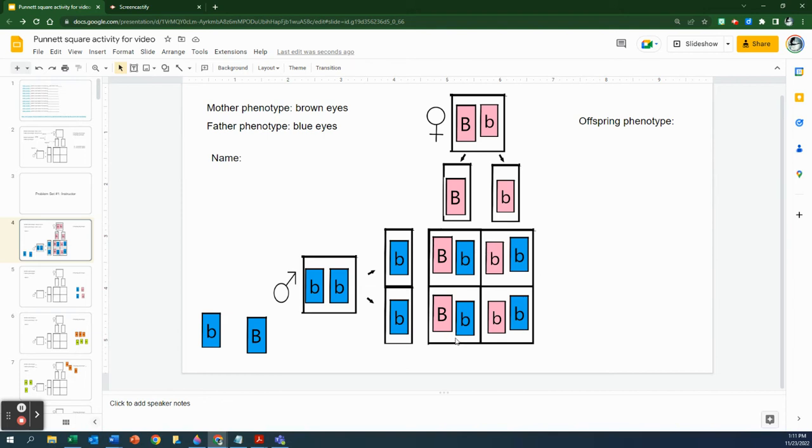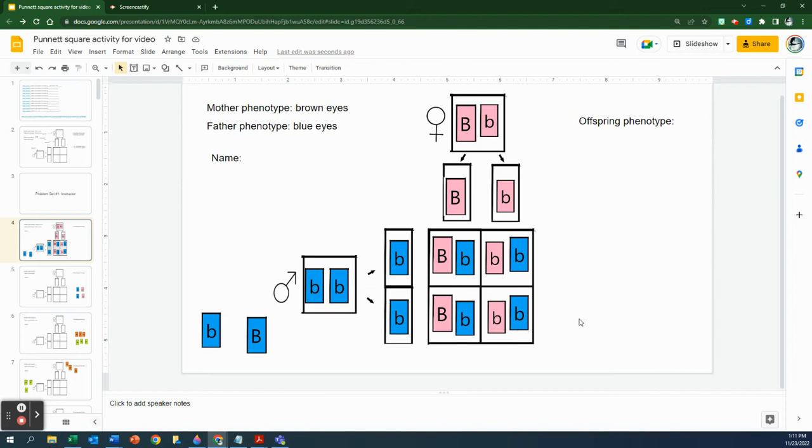These two here are big B, little b, so they're both brown eyes, and these two here are blue eyes. They may be boys, girls, whatever; there's nothing said about that. We just know it's about 50% brown eyes, 50% blue eyes.